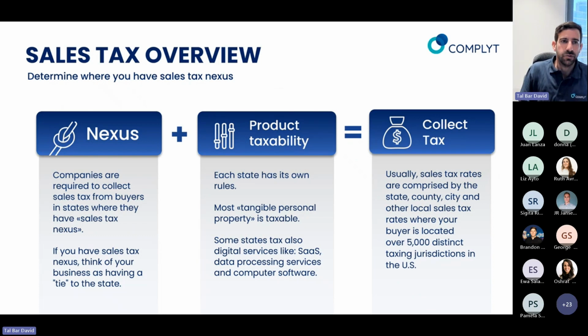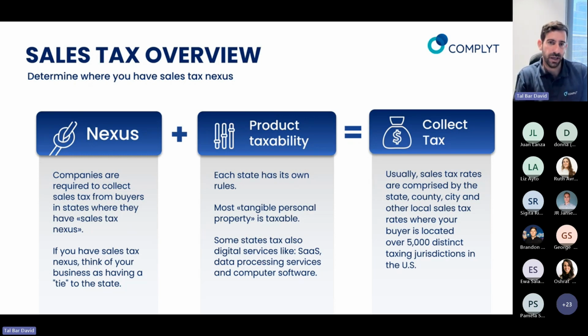Now, let's dig into the main question we always want to ask ourselves: how do we determine whether we need to collect sales tax from our customers? Usually UK companies have 2 different alternatives to sell to US customers. It can easily be done through the UK, where they engage directly with the US customer, or they have a UK parent company and a US subsidiary, and then the subsidiary sells to the US customers.